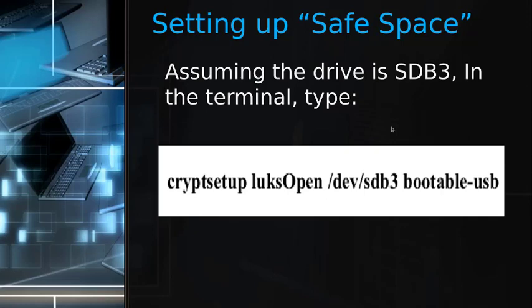Once you put in that password, now you're going to want to set up the rest by typing in cryptsetup luksOpen. This is going to allow you to mount /dev/sdb3 as a virtual drive called bootable-USB. And the reason why I say bootable-USB is because it's easier to memorize, easier to keep things straight.